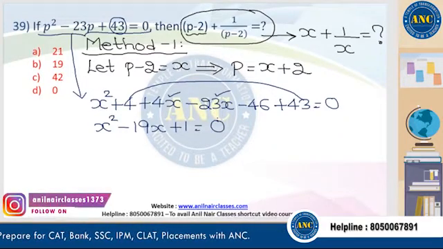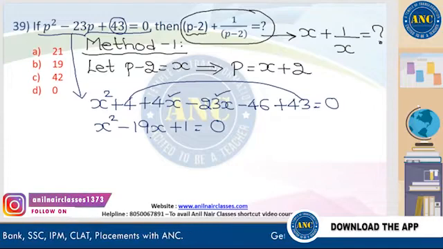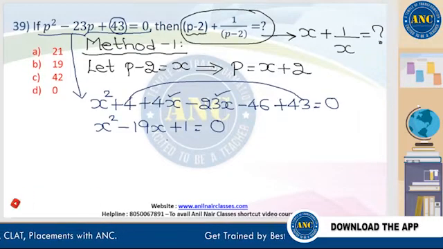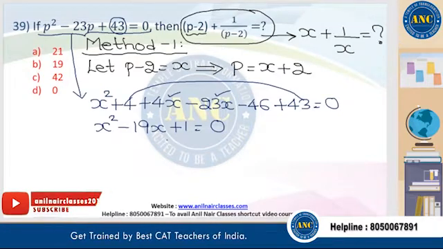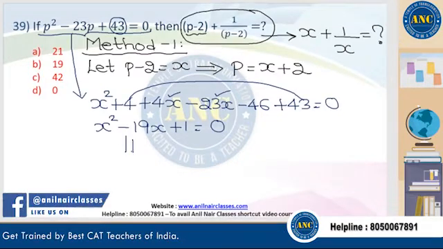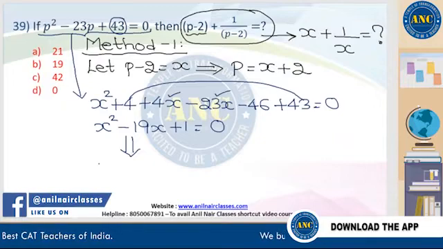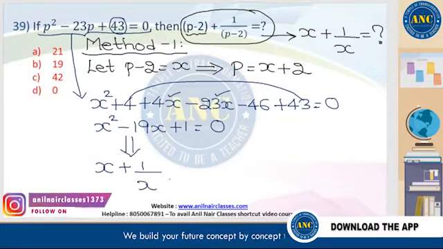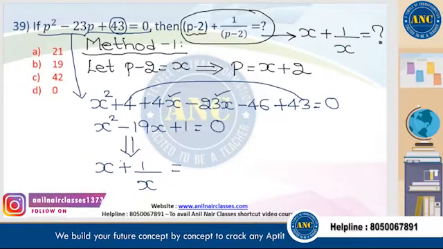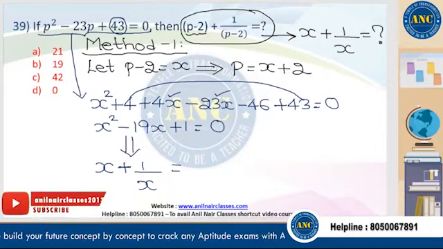Now the quadratic equation is x square minus 19x plus 1 equal to 0. We already know from our previous problem that we can easily find the value of x plus 1 by x. First of all, why will the plus sign come in between?